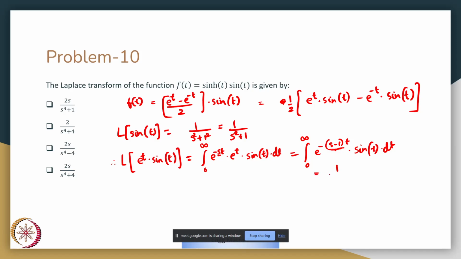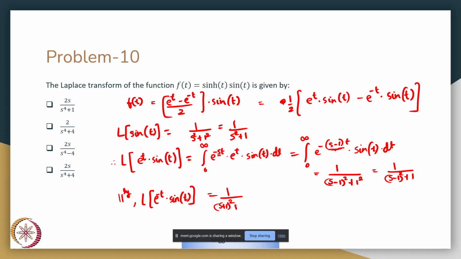So this whole thing becomes 1 upon s minus 1 whole square plus 1. Similarly, you can see that Laplace transform of e raised to minus t into sin of t would end up being 1 upon s plus 1 whole square plus 1.